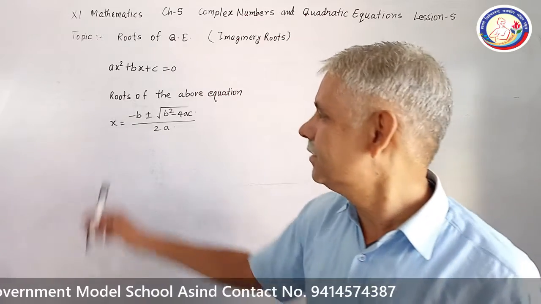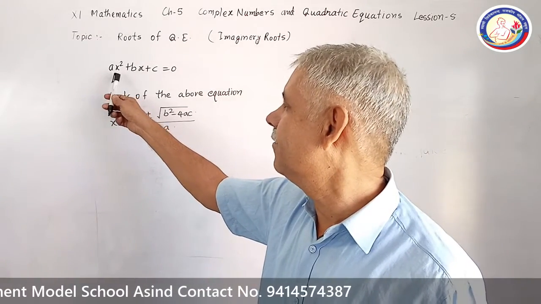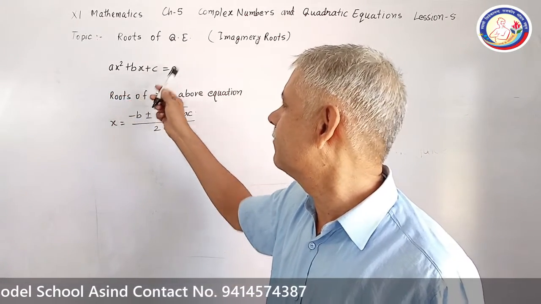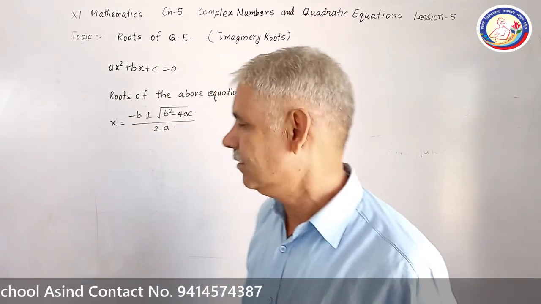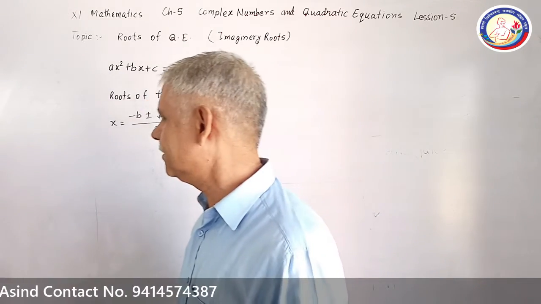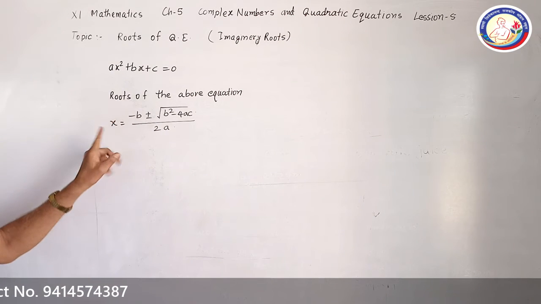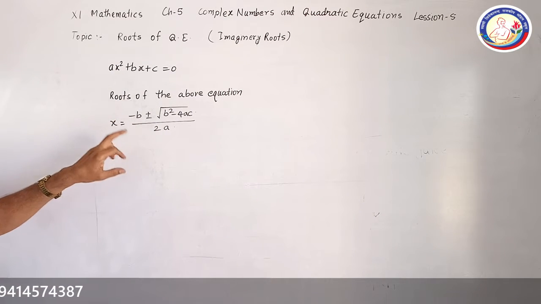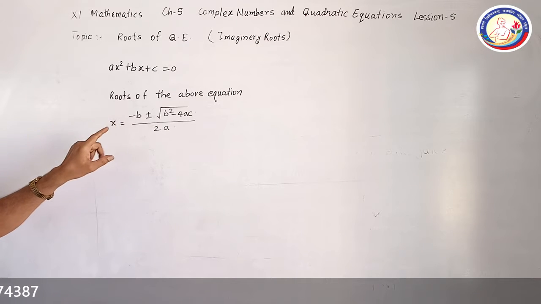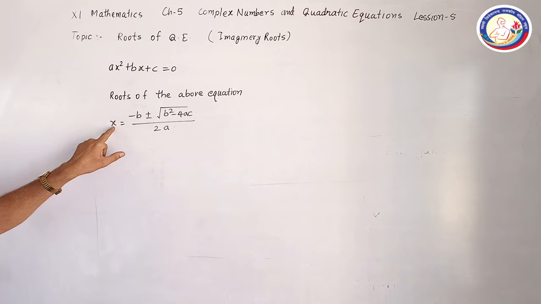Now, if this is the given equation in standard form ax square plus bx plus c equal to 0, there will be two roots of this equation, and if these roots are equal, then we can give them by this formula.